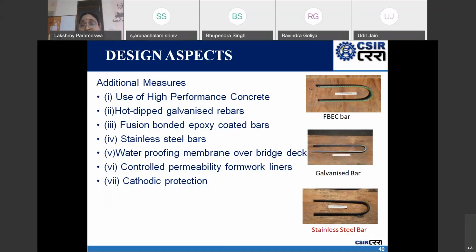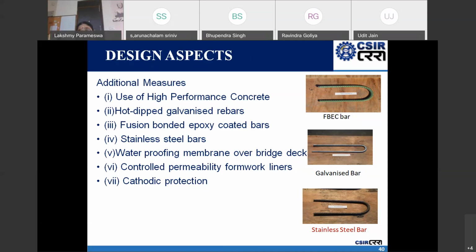That is use of high performance concrete to reduce the permeability, and hot dip galvanized bar or fusion bonded epoxy coated bar, stainless steel bar, or waterproofing membrane can be used over the deck, that is waterproofing of the deck, or using a controlled permeability formwork liner.